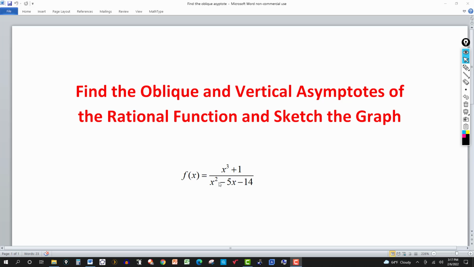We want to make sure that the rational function is in lowest terms. So we can go ahead and factor the numerator here. It's the sum of cubes. So this should factor into the sum of the cube roots, which would be x plus 1.